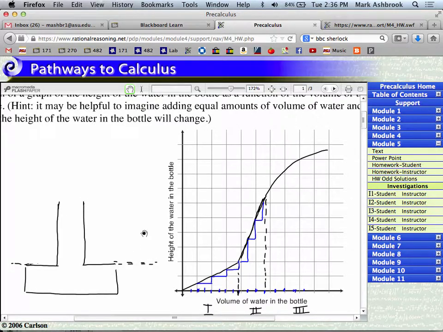Okay, last part. So here we go. Christina, how'd you do in the last part? Can you talk about the changes in height in the last part of the bottle? Increasing changes. So I'll go by full squares.